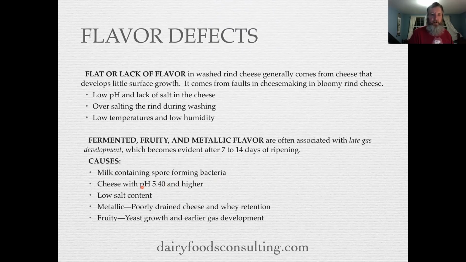Higher pH cheeses are prone to these odd fermentations that deliver us off flavors, and that's really what we're talking about here with these ones. It's just something that isn't quite right, a little bit of an odd fermented flavor. Fruity would indicate yeast growth. Metallic, whey retention. So we can begin to think about the source there by pinpointing the actual flavor defect.